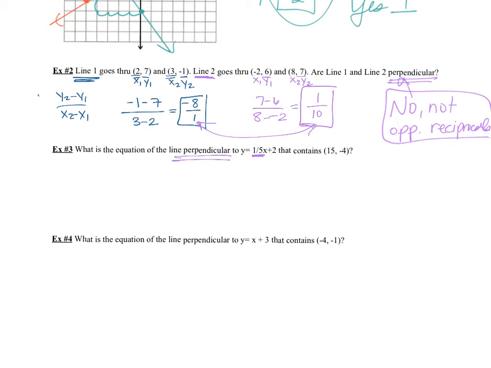Well, in this one, it's perpendicular, so our perpendicular slope should be the opposite reciprocal. So we're going to turn that 1/5 into -5 over 1, which we can just call -5. Then we take that new slope with this point, x1, y1, and plug that into point slope form.